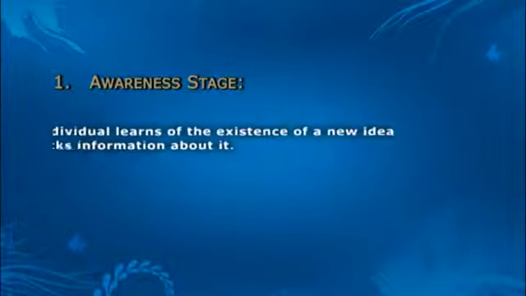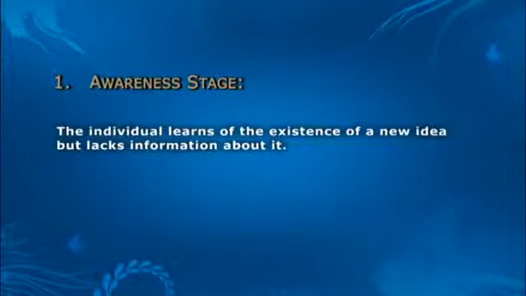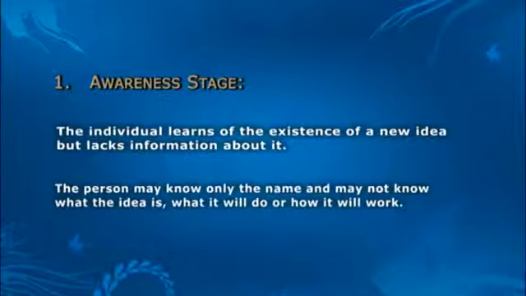These are: Number 1. Awareness stage. The individual learns of the existence of a new idea but lacks information about it. For example, the person may know only the name and may not know what the idea is, what it will do, or how it will work.